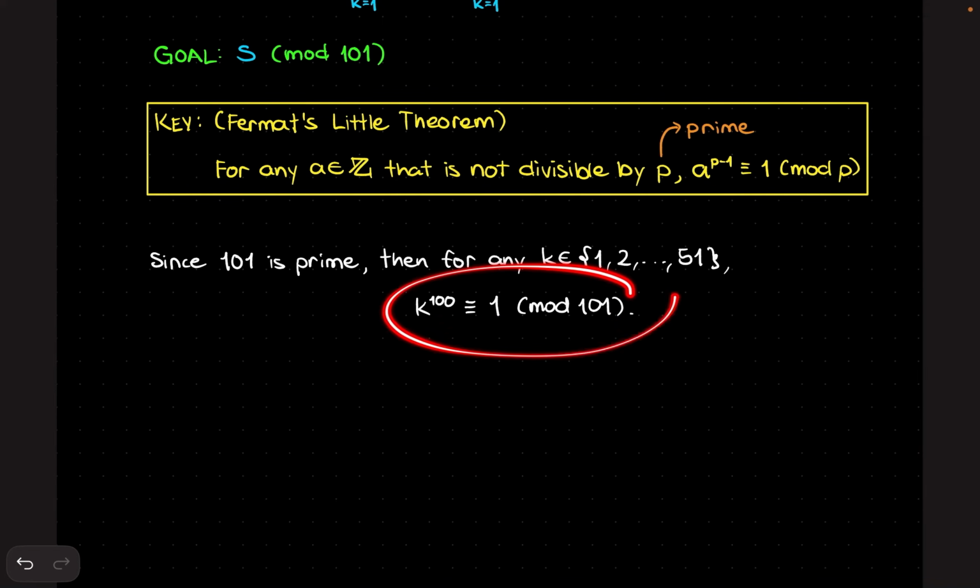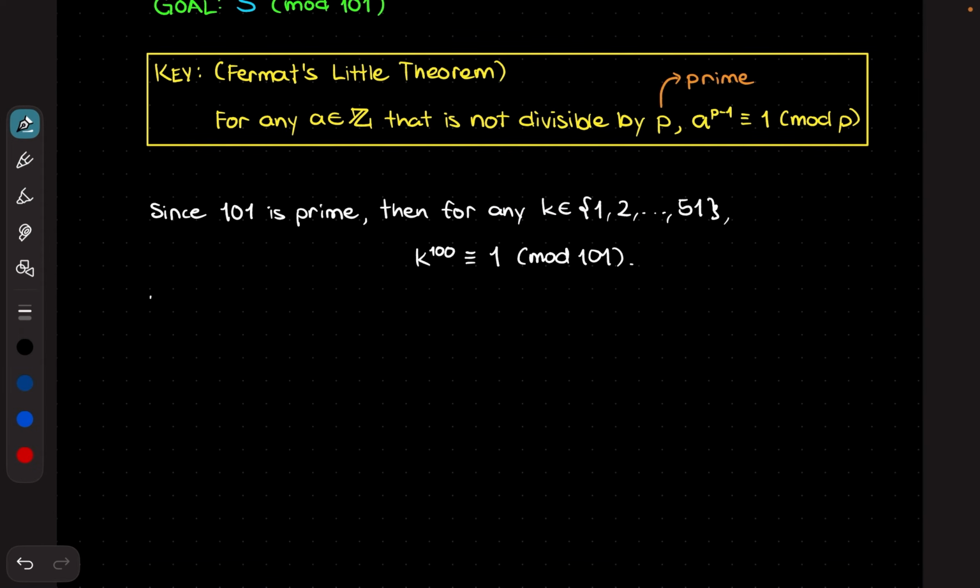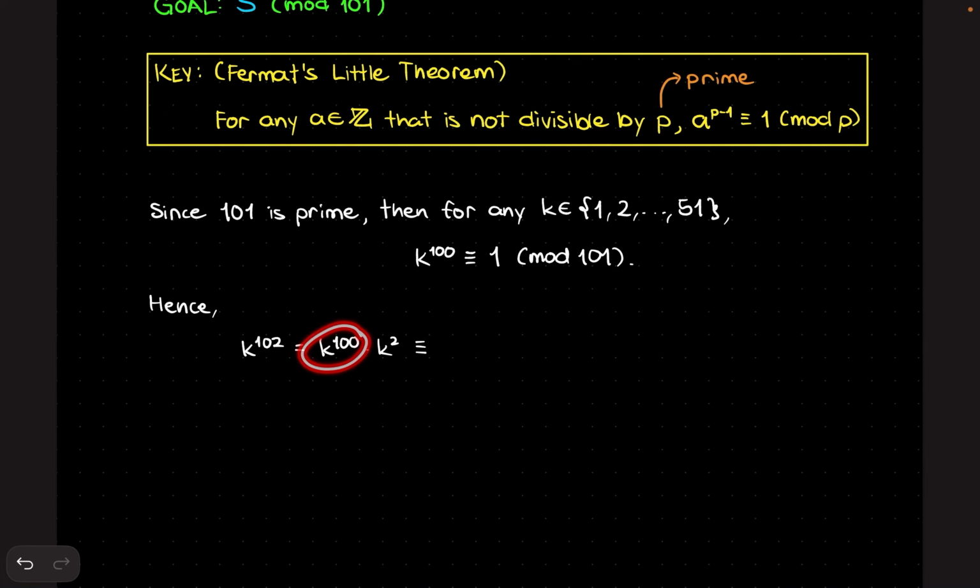Given this fact, and applying some modular arithmetic, we'll actually obtain that k raised to 102 can be written as k raised to 100 times k squared. But by modular arithmetic, we know that k raised to 100 is just congruent to 1 modulo 101.